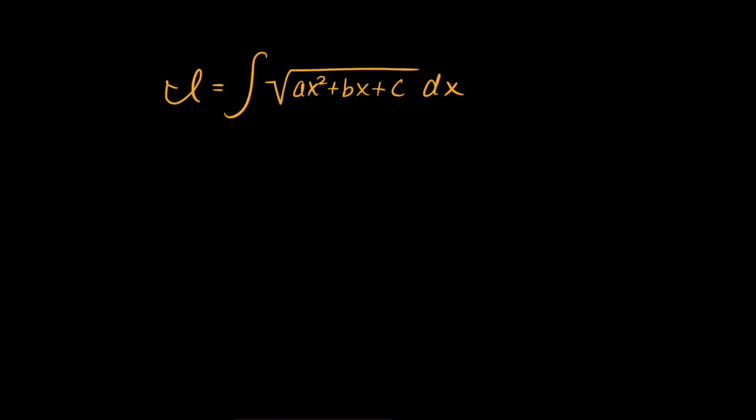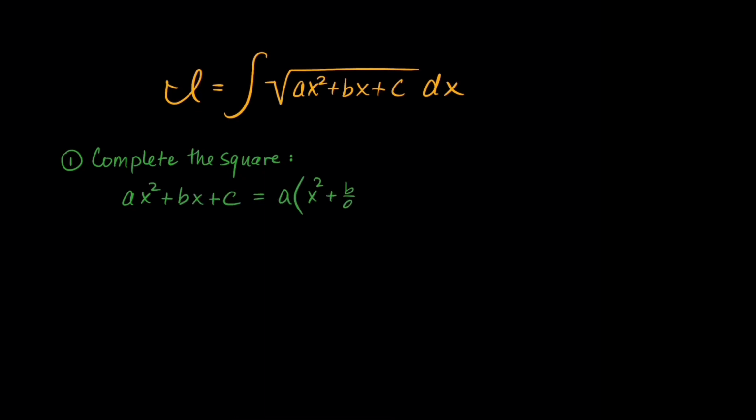To start, I'm going to take the quadratic and complete the square. Ax squared plus bx plus c, rewritten in what we can call completing the square form, or sometimes known as vertex form.